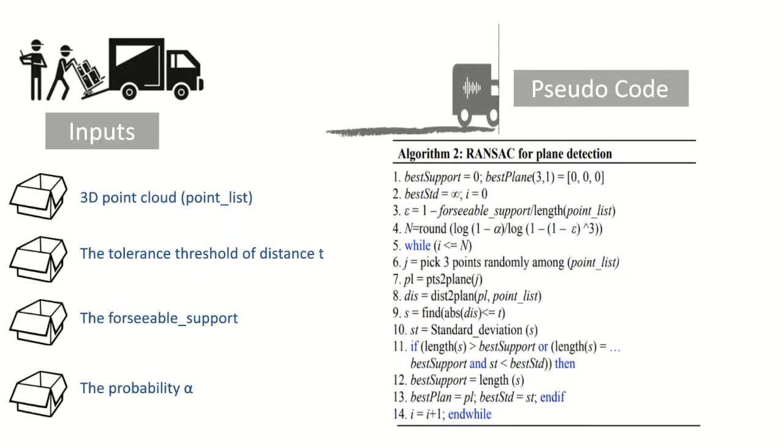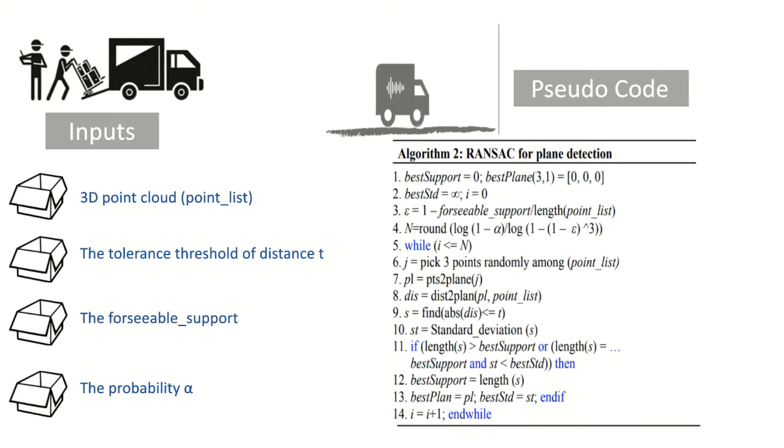We first initialize the best support, which is the best number of points, the best plane, and the best standard deviation of the points. In line 3, we calculate epsilon, which is the percentage of observations allowed to be erroneous. Next, we calculate n, the number of trials, following the traditional RANSAC principle. In step 5, we begin to iterate, followed by step 6, where we randomly pick 3 points from the input data.